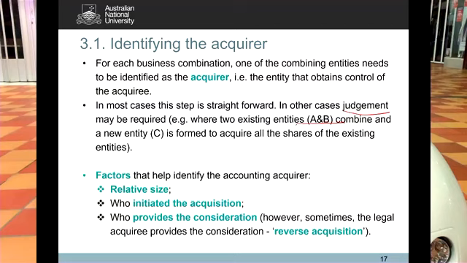For example, you may have a reverse acquisition. What is a reverse acquisition? Mostly it will happen with a listed company and an unlisted company. Sometimes the listed company may not be running that well, and the unlisted company wants to get listed on some stock exchange.